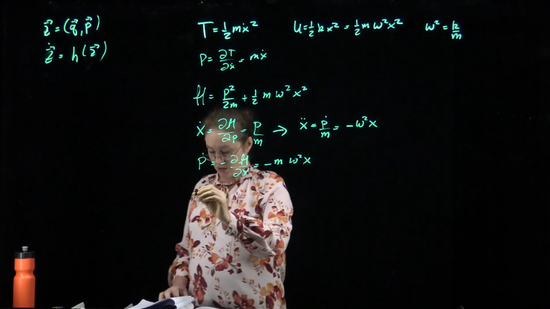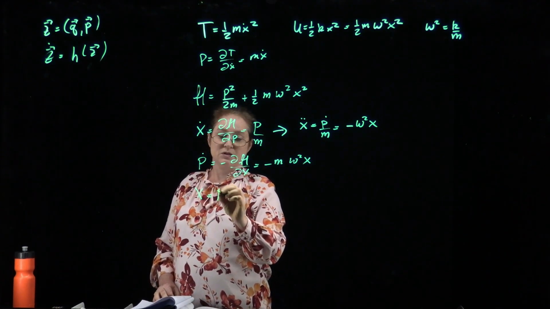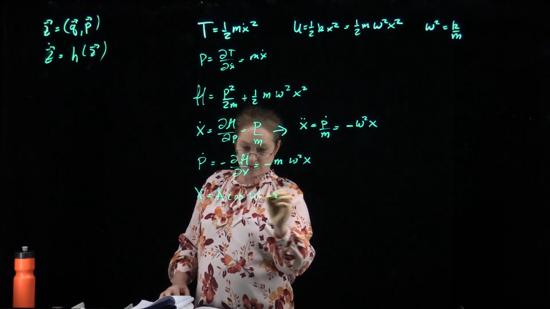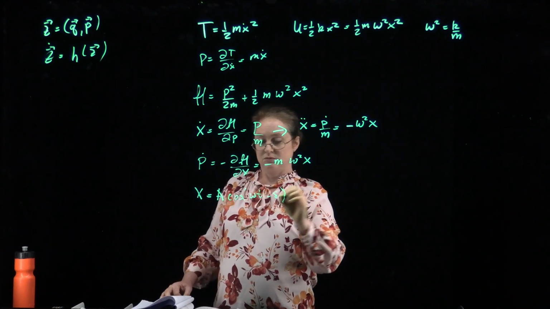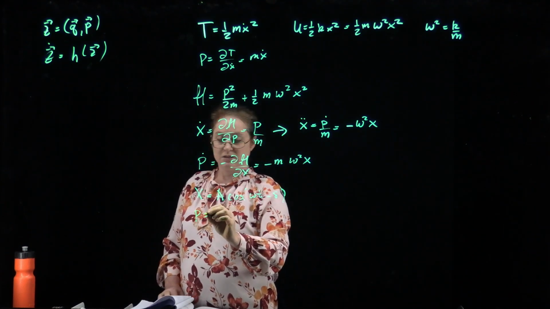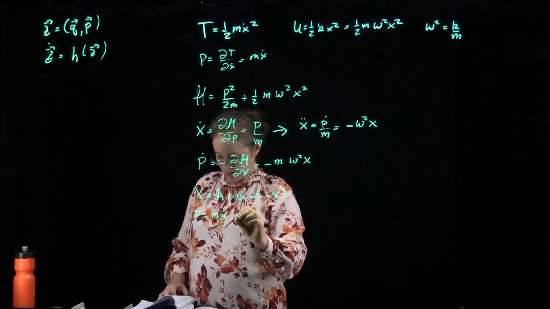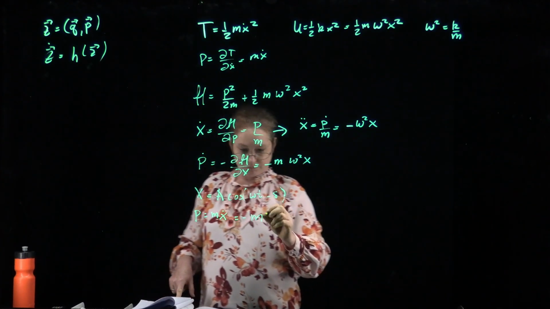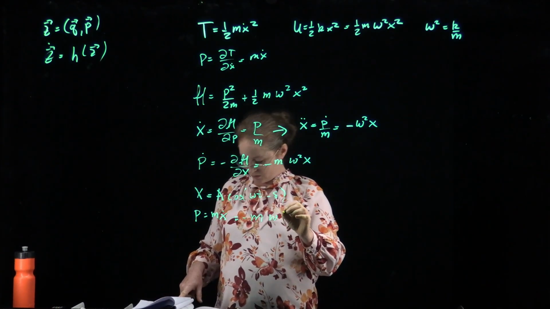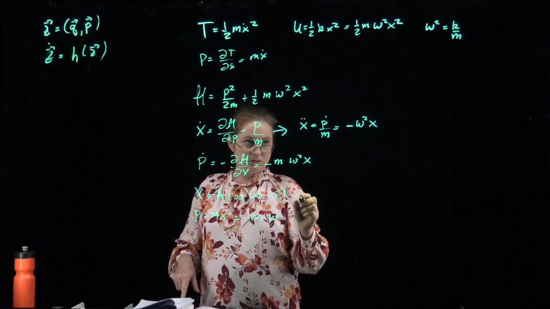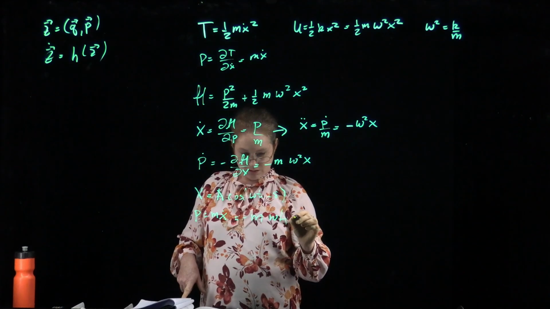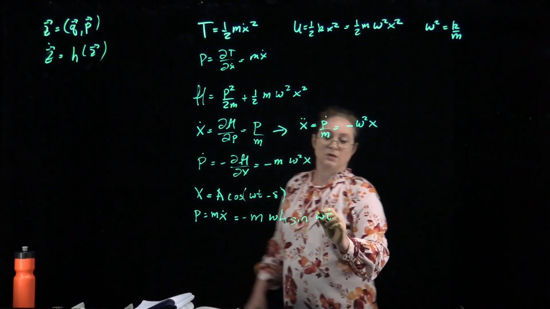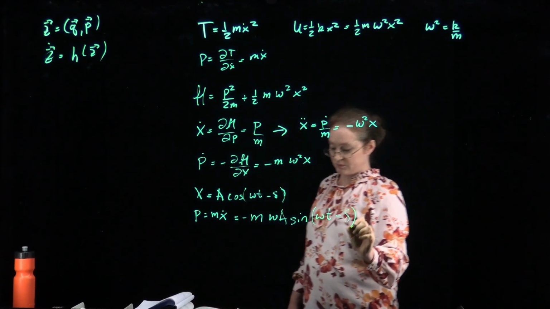And the solution is x equals some constant a cosine of omega t minus delta. p is m x dot, so negative m omega a sine of omega t minus delta.